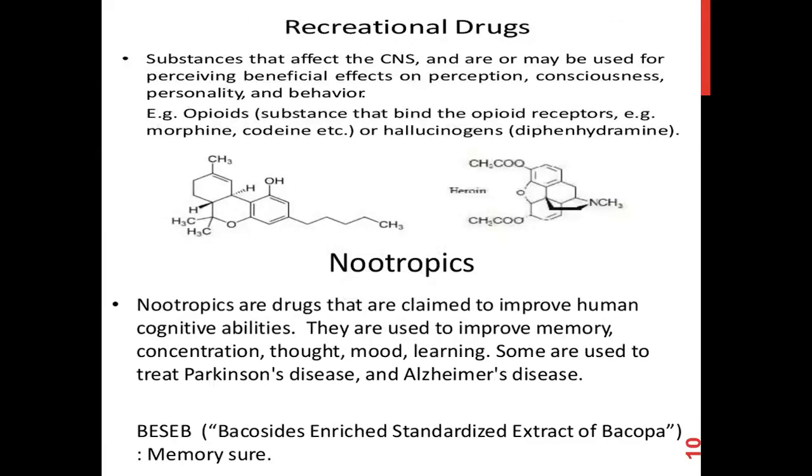Substances that affect the CNS and are used for perceiving beneficial effects on perception, consciousness, and personality are recreational drugs, and the examples are opioids, hallucinogens, and diphenhydramine. Nootropics are drugs that are claimed to improve human cognitive abilities, and they are used to improve memory, concentration, thoughts, mood, and learning. Some are used to treat neurodegenerative diseases, mainly Parkinson's disease and Alzheimer's disease.